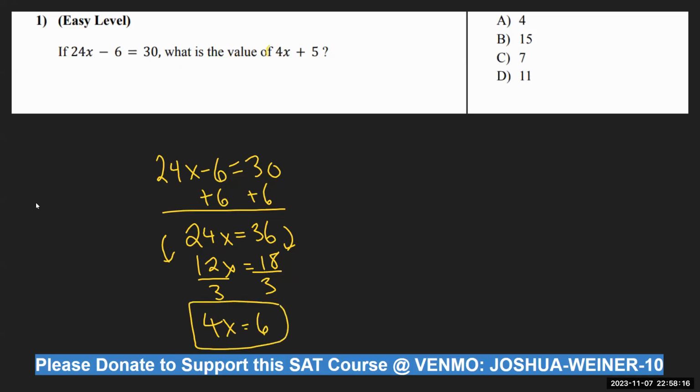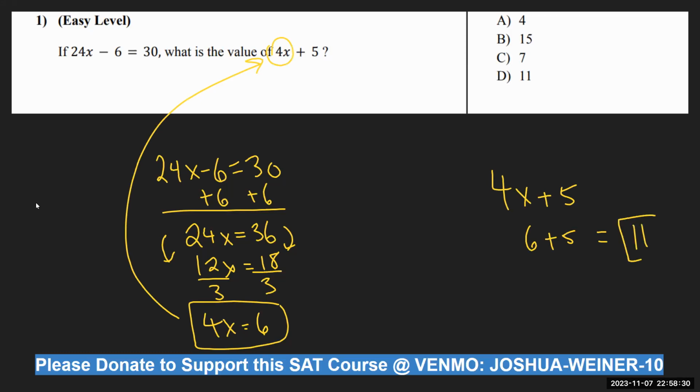Then I note that 4x is the first term of the expression that we're trying to find the value of. So then 4x plus 5 has to be 6 plus 5, which is 11. So the correct answer was D, 11, for question 1.